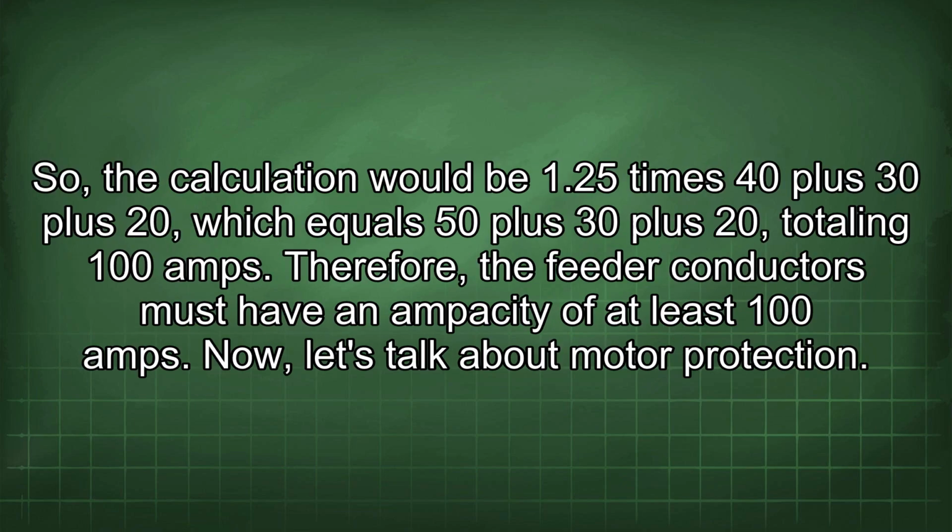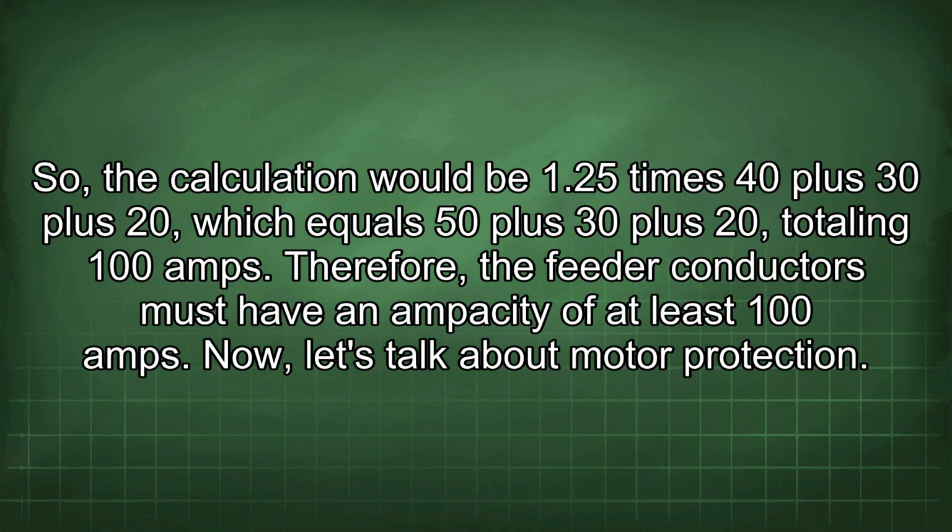So, the calculation would be 1.25 times 40 plus 30 plus 20, which equals 50 plus 30 plus 20, totaling 100 amps. Therefore, the feeder conductors must have an ampacity of at least 100 amps.